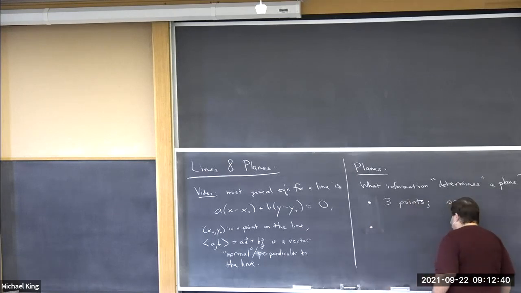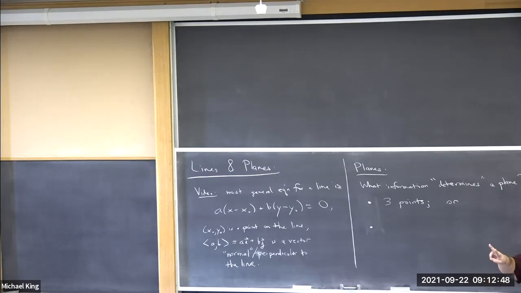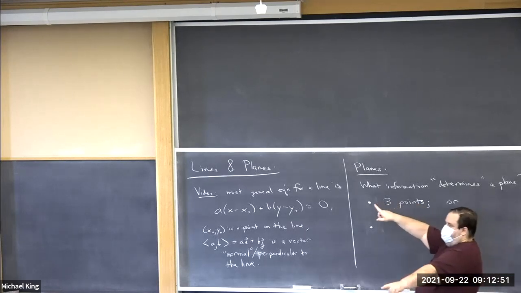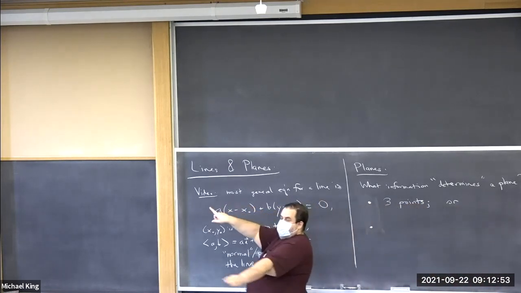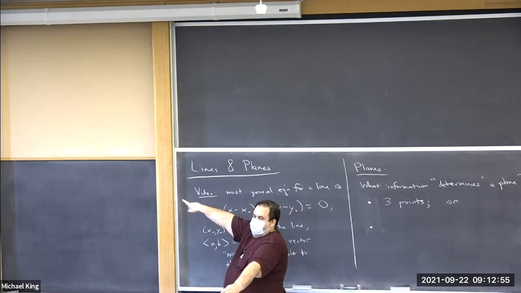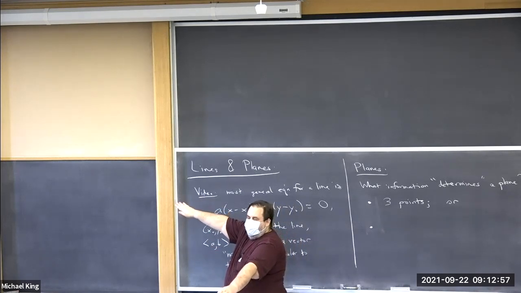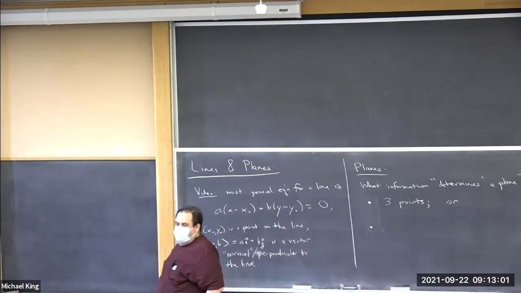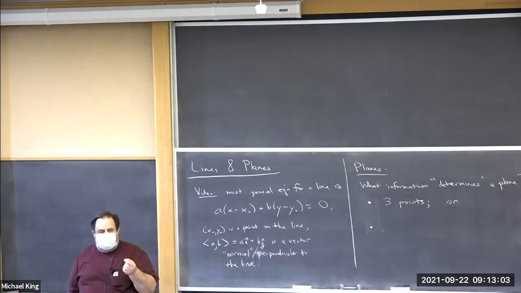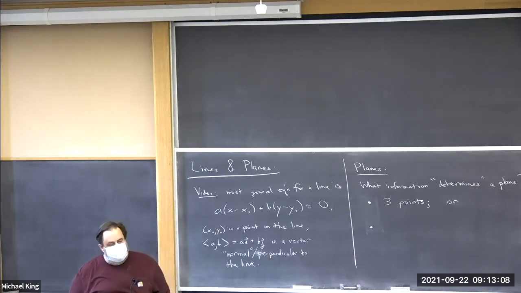What other information could determine a specific plane? Yeah, two vectors. If I pick two directions, that certainly determines something. Does it determine one specific plane? You need a starting point also, right?